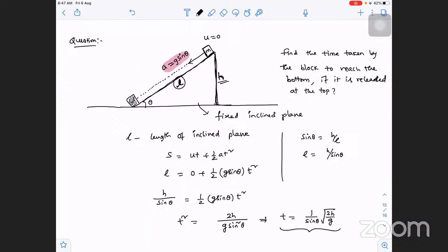Sin square theta is under the root, so it comes out as sin theta. So as the theta value changes, the time taken to reach the bottom also changes. Okay, na? As theta increases, it will take less time. Okay, first write this down, and I'll tell you that comparison.